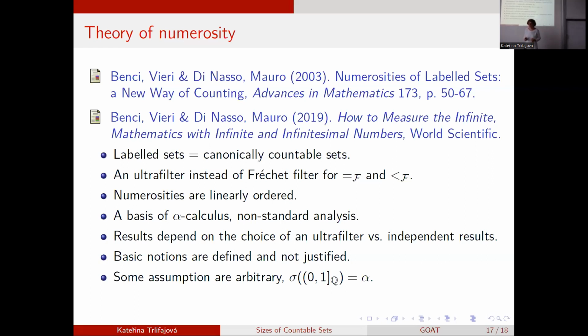Moreover, their assumptions are arbitrary. For instance, they write themselves that they don't know how to express the number of elements of unit intervals, and they can state it as alpha. But I think this contradicts our theory.